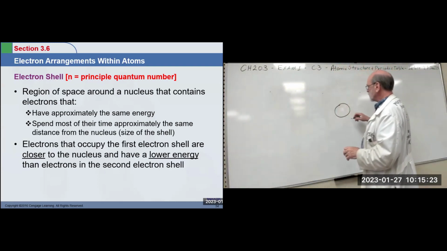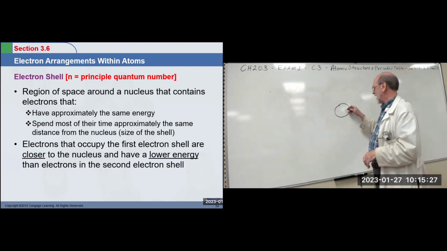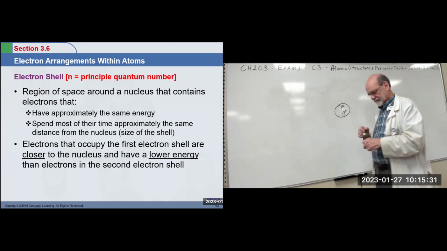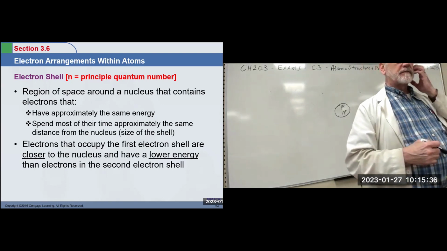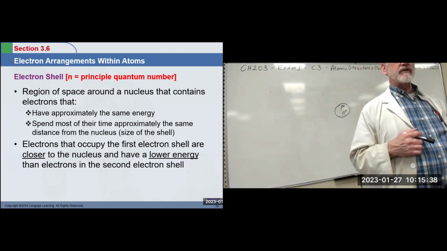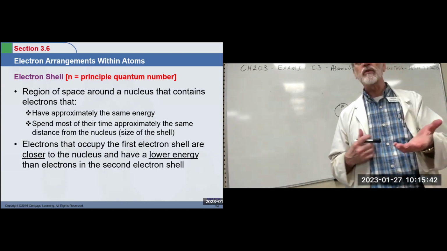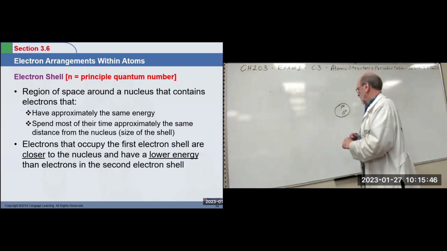Remember the nuclear atom, Rutherford's nucleus, has protons and neutrons in it, except for hydrogen. The first isotope of hydrogen has no neutrons because it only has one proton. It doesn't need any neutrons.